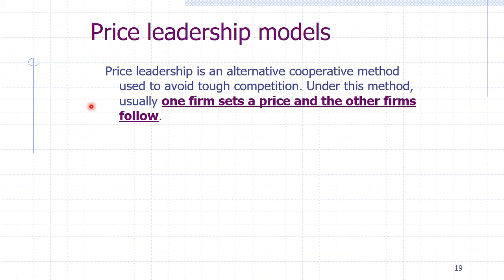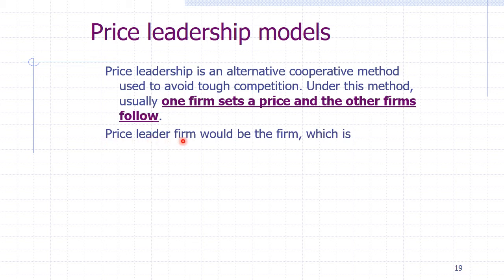Under this method, usually one firm sets a price and the other firms follow. From among the market firms in this oligopoly structure, one firm will stand as the leader, set the price, and the other firms will follow it.